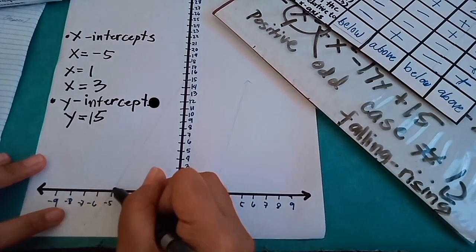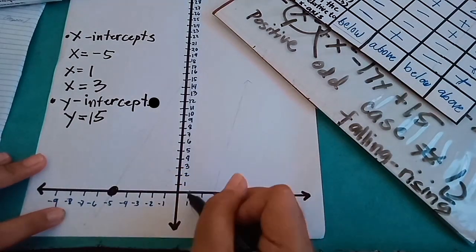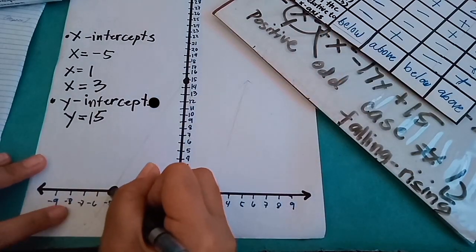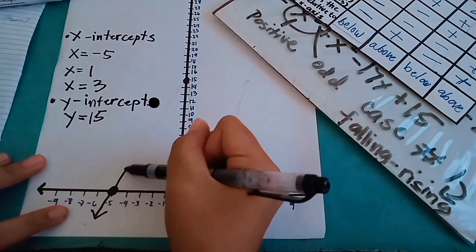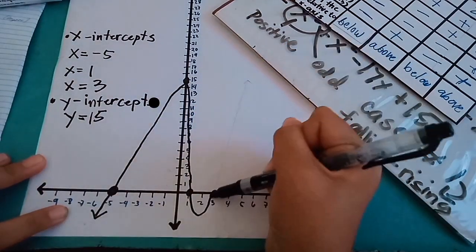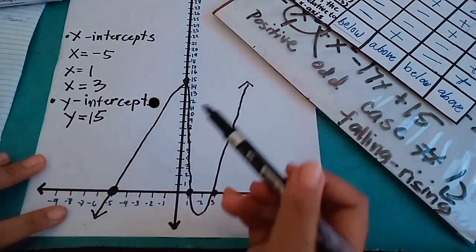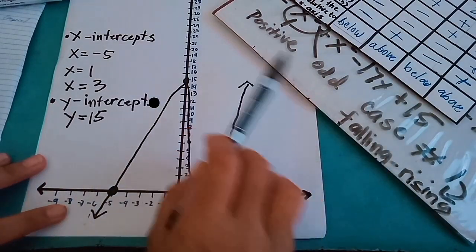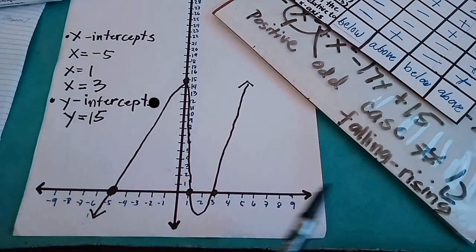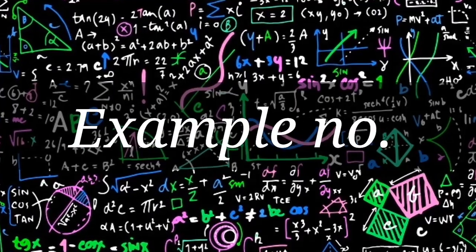So let's plot it: negative 5, 1, 3, and 15. So below, above, below, and above. So this is our graph according to the table of signs, the leading coefficient test, the x-intercepts, and the y-intercept.